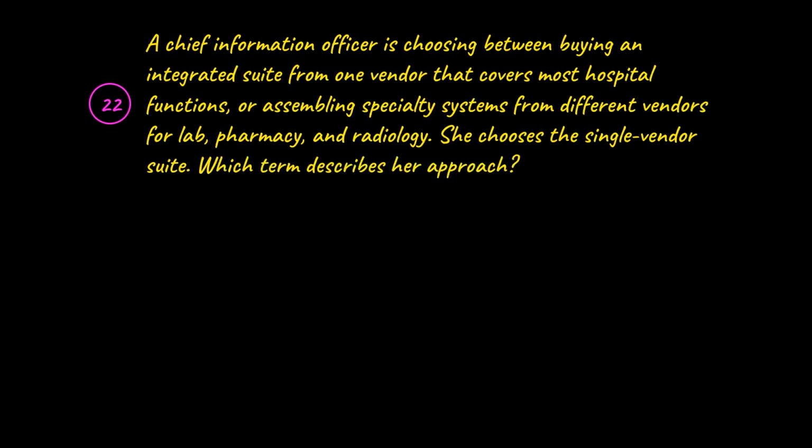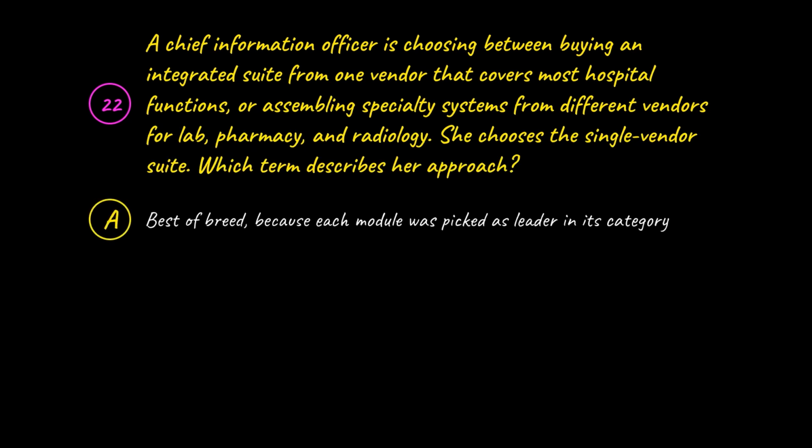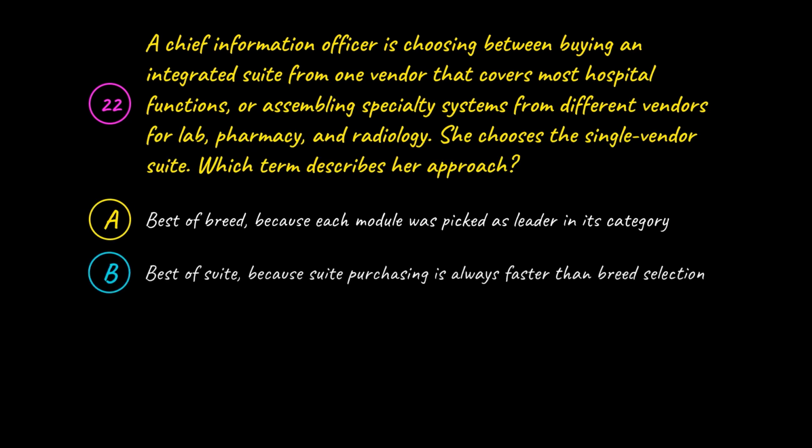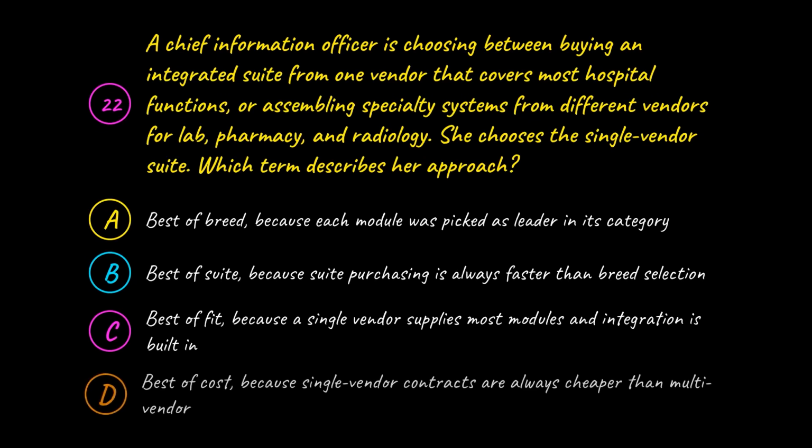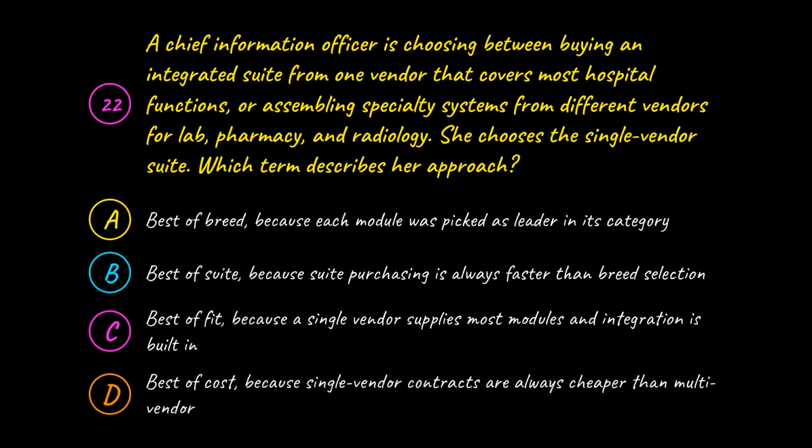Your options are A. Best of breed because each module was picked as leader in its category. B. Best of suite because suite purchasing is always faster than breed selection. C. Best of fit because a single vendor supplies most modules and integration is built in. D. Best of cost because single vendor contracts are always cheaper than multi-vendor.